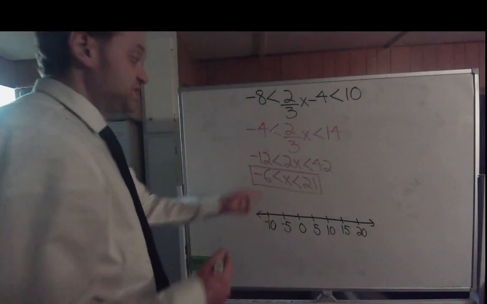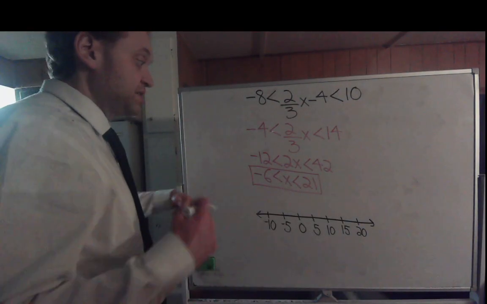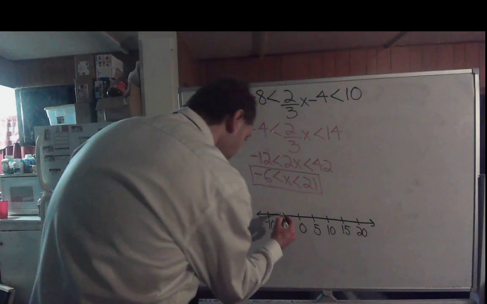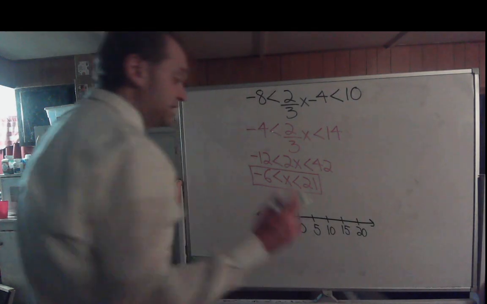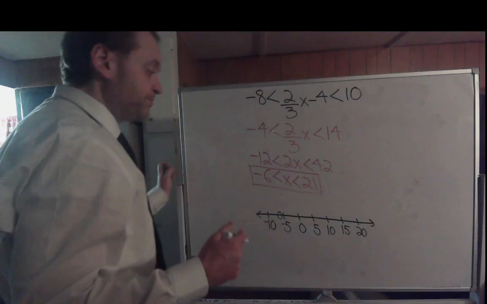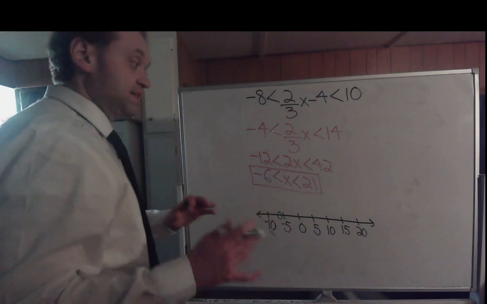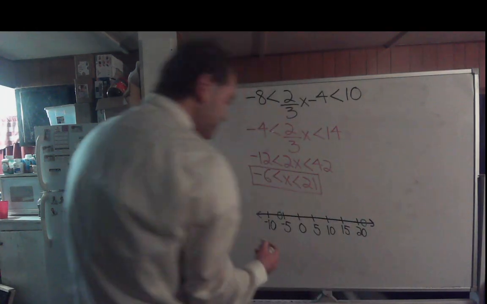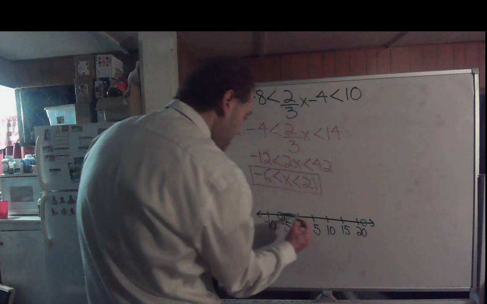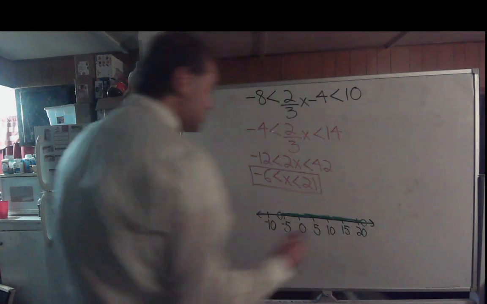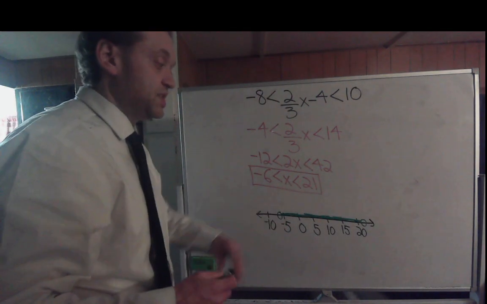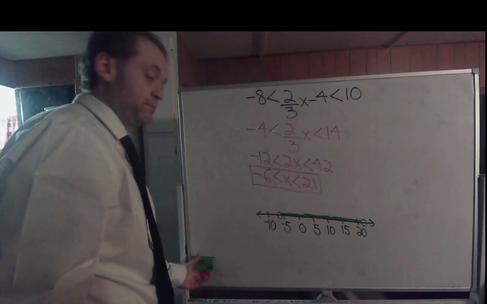Negative 6 is just less than x, so we're going to put an open circle at negative 6 to denote that that's not part of the solution. And then x is just less than 21, so you'll put an open circle at 21, and then you'll just shade every value between those, which will show you that the solution is literally every number between negative 6 and positive 21.